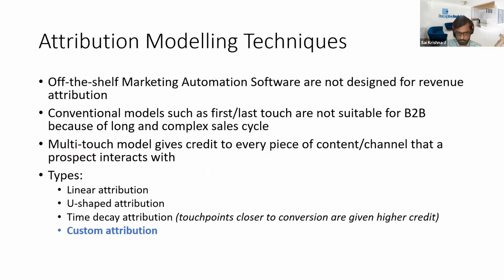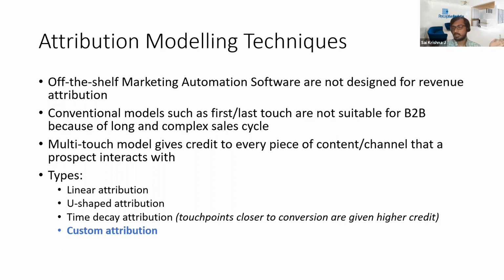And then we talked about different types of attribution modeling techniques, and we mentioned that the off-the-shelf MAS, or marketing automation software, is not designed for revenue attribution, and also the conventional models such as first touch or last touch are not suitable for the B2B scenario, simply because the sales cycle is long and complex.